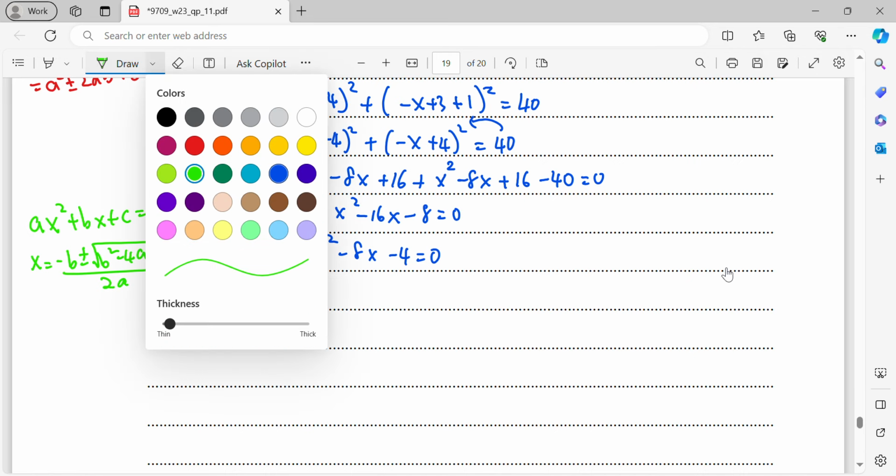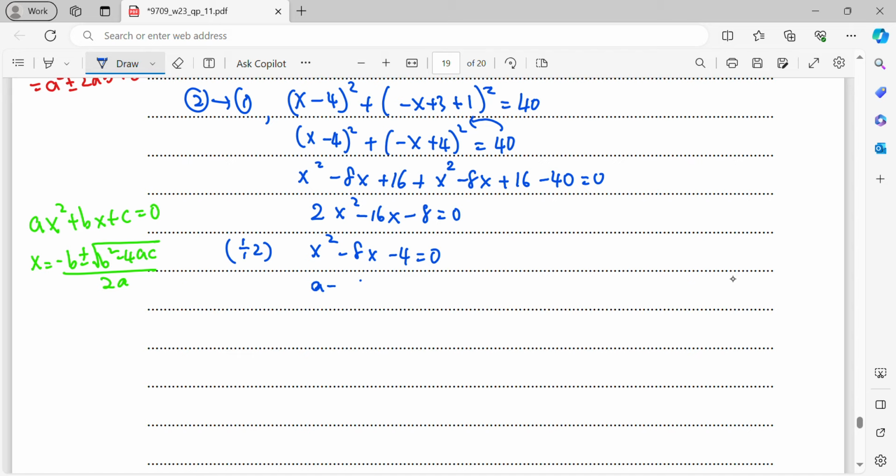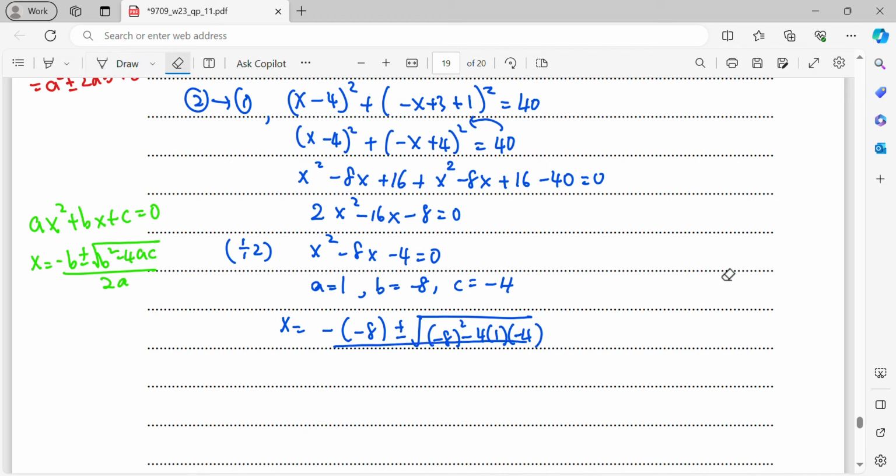So now my a is 1 because 1x squared, my b is minus 8 and my c is minus 4. So then my x will be minus of minus 8 plus minus square root of minus 8 squared minus 4 times 1 times minus 4, over 2a.